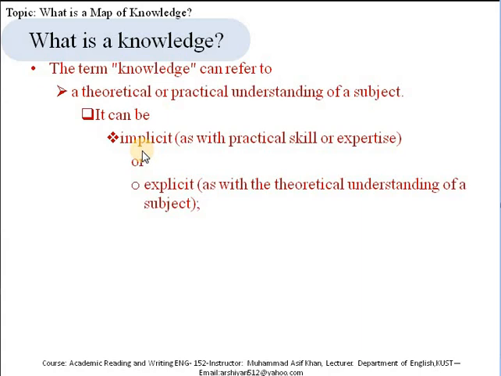So we can also refer to these two terms of understanding of a subject in another way, and that is that knowledge can be formal or informal, or it can be systematic or particular.